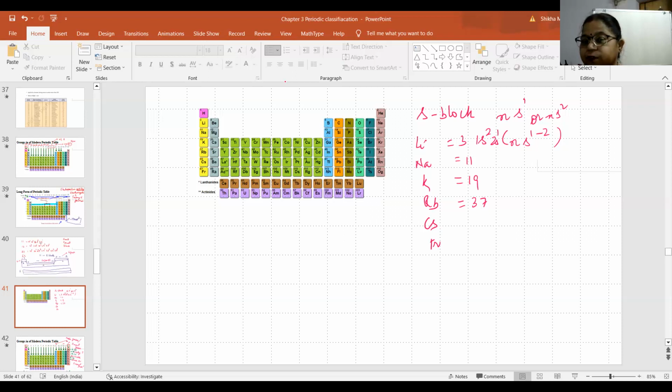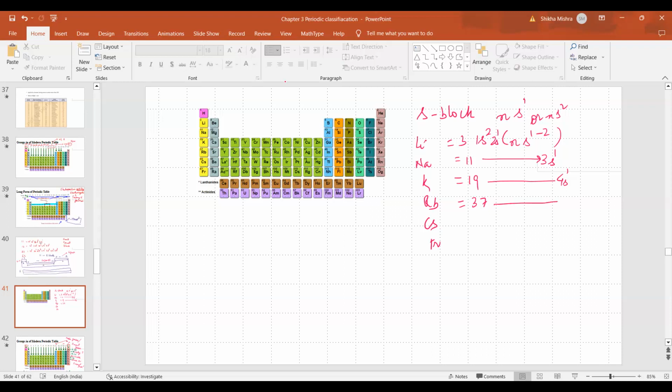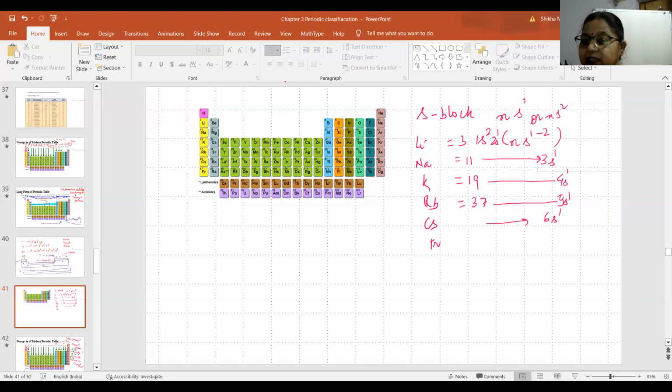Sodium, you people have just finished it off. In the last, what are you getting? 3s1. Similarly, you will be writing and you'll be getting 4s1. Here you will get 5s1. Here you will get 6s1. So from this, what can we say? The general electronic configuration of group 1 elements is ns1.